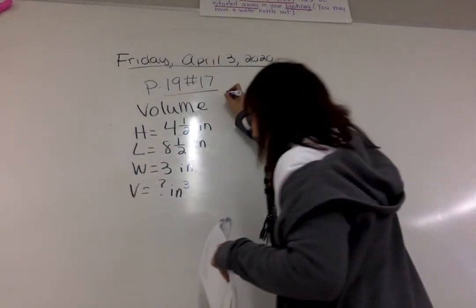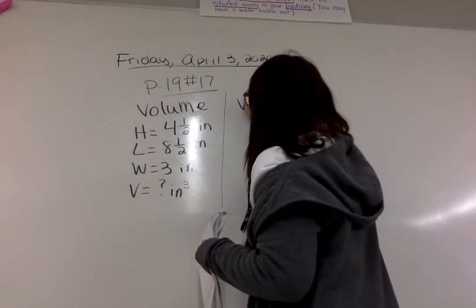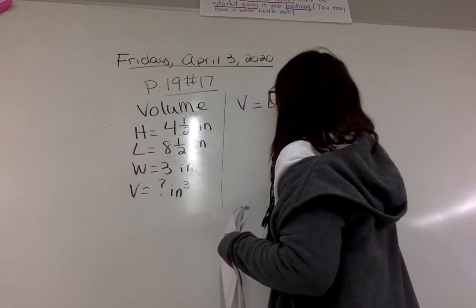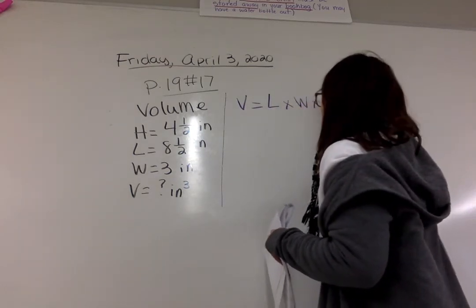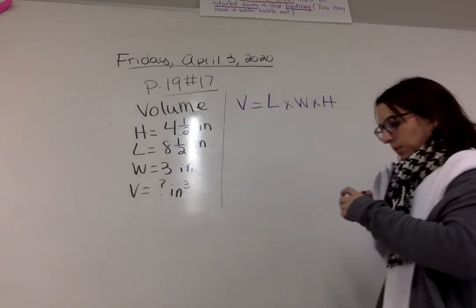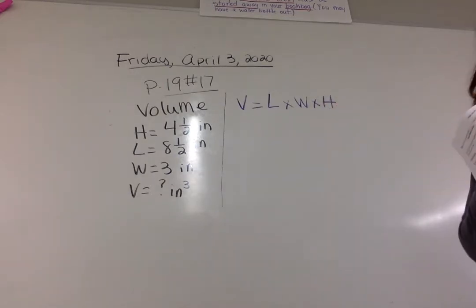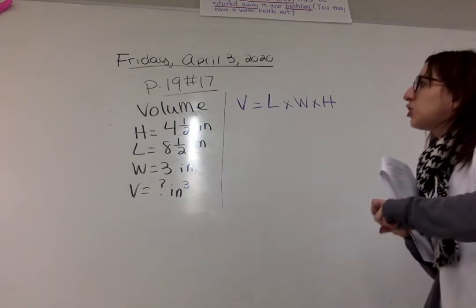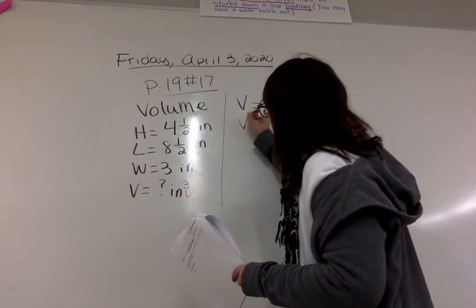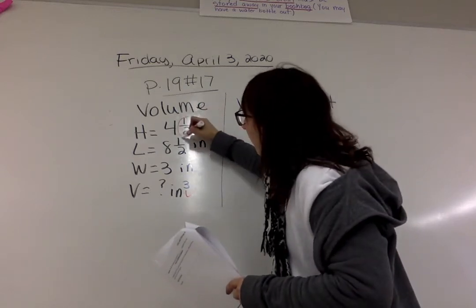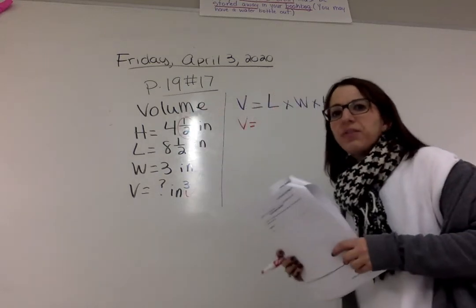So I'm going to write that over here. The volume formula is V equals L, the length, times W, the width, times H, the height. I need to convert all my fractions into decimals. So now I'm going to start substituting. I don't know the volume, so I'm going to leave it as V. I know that if I have half for 50 cents, I got 0.50.